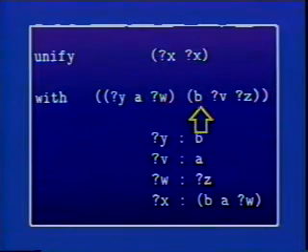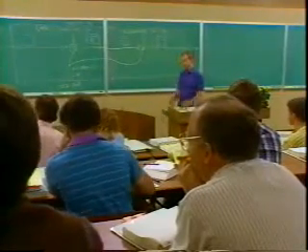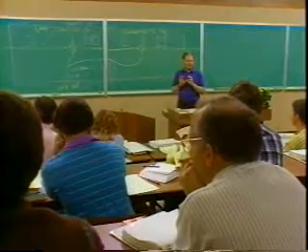And V here would have to be A. And Z and W can be anything, but they have to be the same thing. And X would have to be B followed by A followed by whatever W is, or whatever Z is, which is the same. So you see, the unifier somehow has to deduce things to unify these patterns.